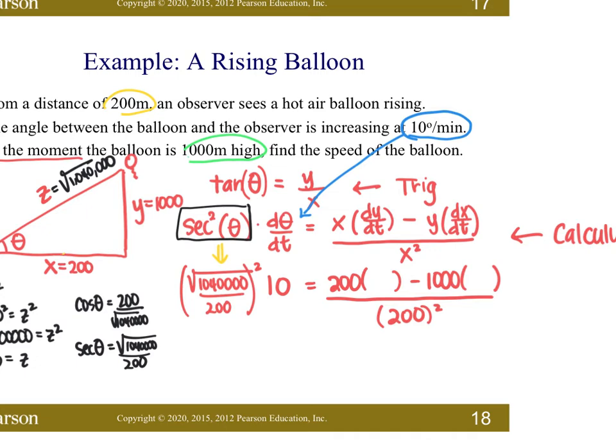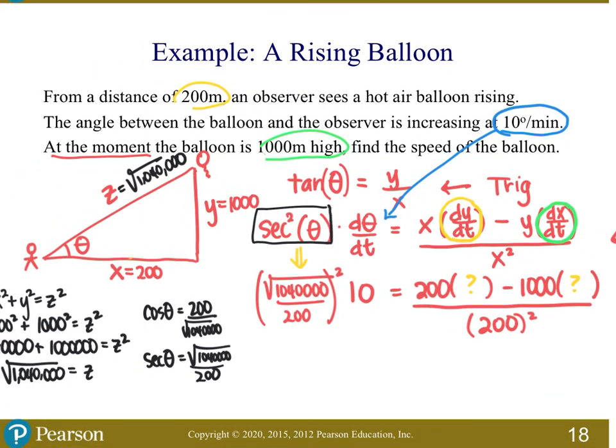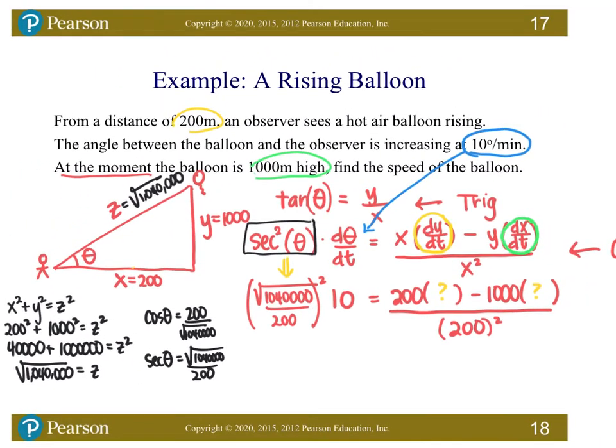So what's left? I've got some parentheses here that I still need to figure out. dy dt, okay, this one represents the balloon changing, the side that is on the balloon. dx dt represents the side where the person is standing and how that one is changing. In this particular situation, the person is standing still.